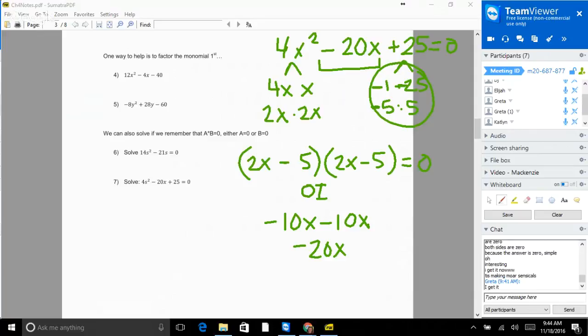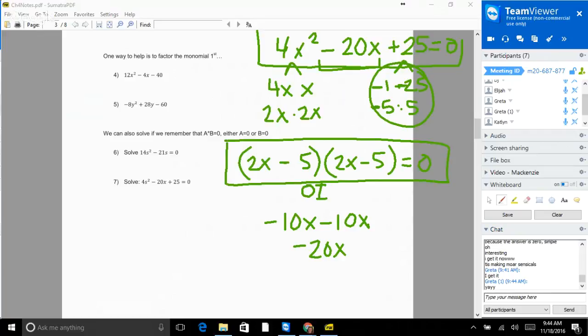So in order to factor 4x squared minus 20x plus 25, I can rewrite that as 2x minus 5 times 2x minus 5. Now, as Elijah says, but you didn't solve it, right? So let's actually solve it. 2x minus 5 has to equal 0, or 2x minus 5 has to equal 0.